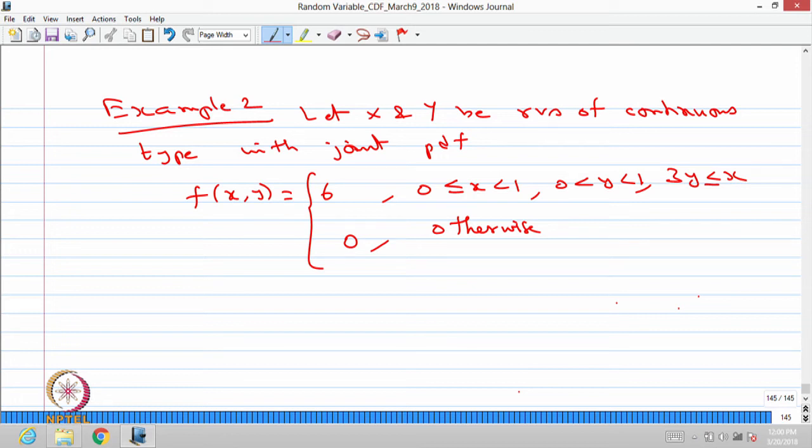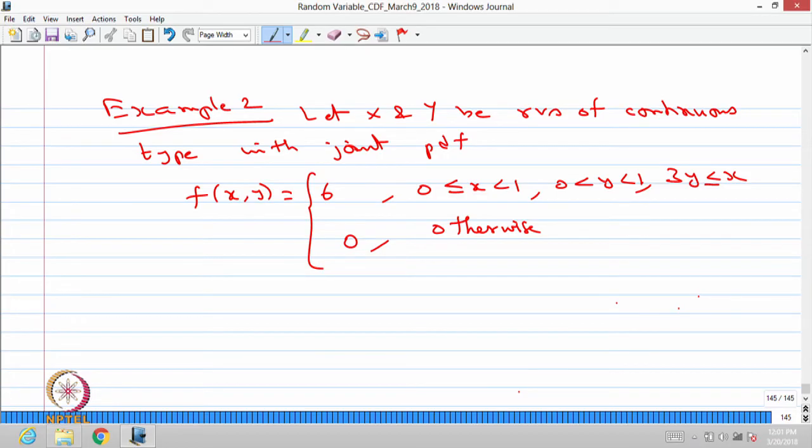That means if you do the double integration over x and y, this has to be 1. So one can verify the double integration is 1, therefore this is a correct joint probability density function.